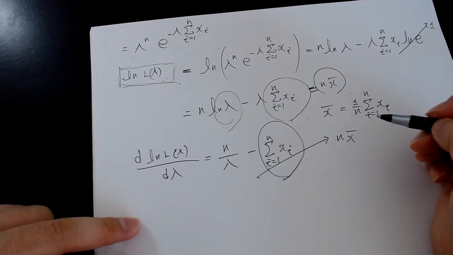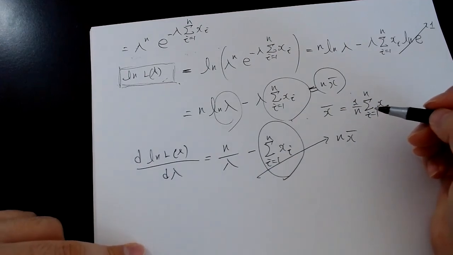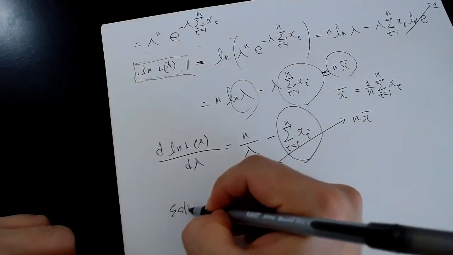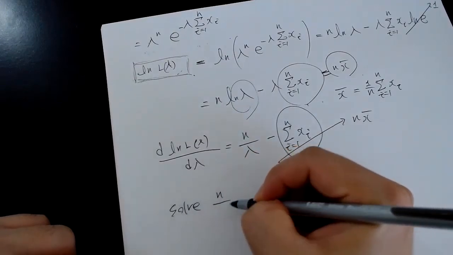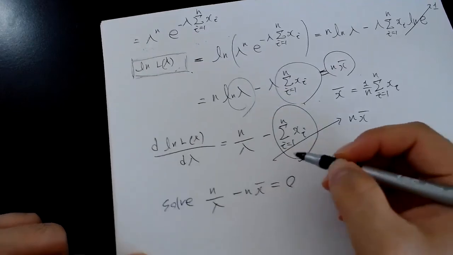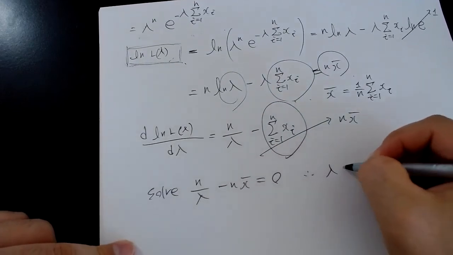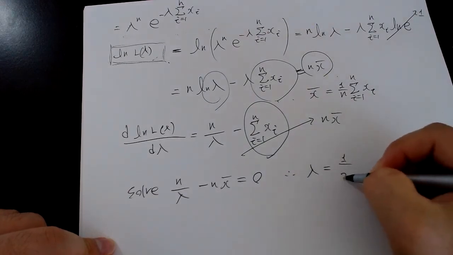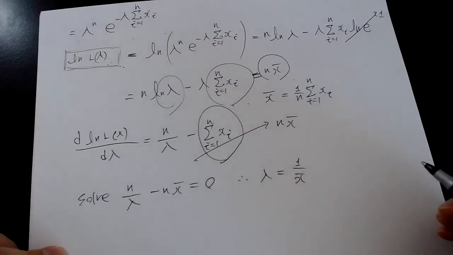Now we set this equal to 0 to find the critical value, and solving gives lambda equals 1 over x bar.